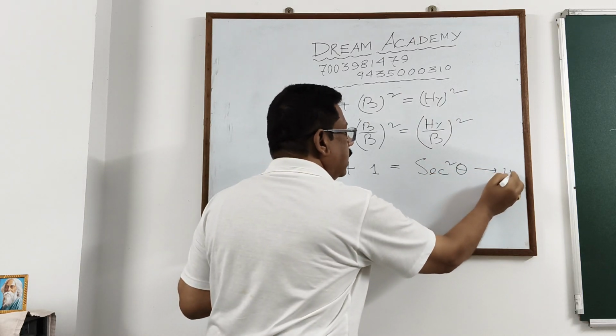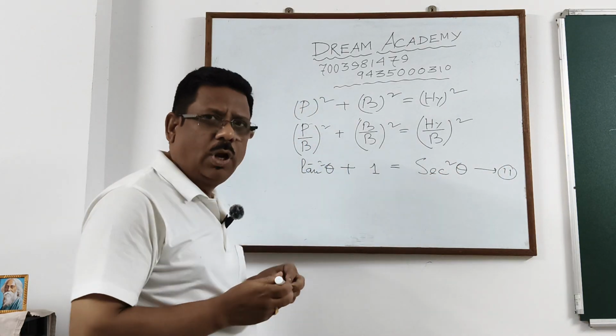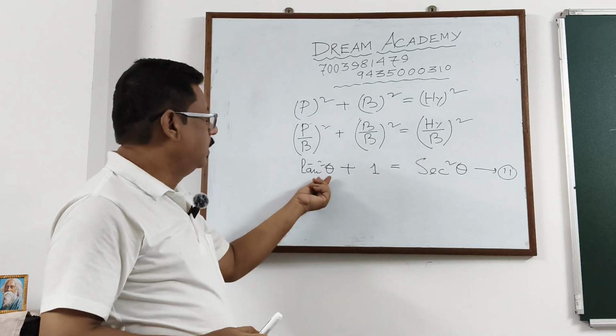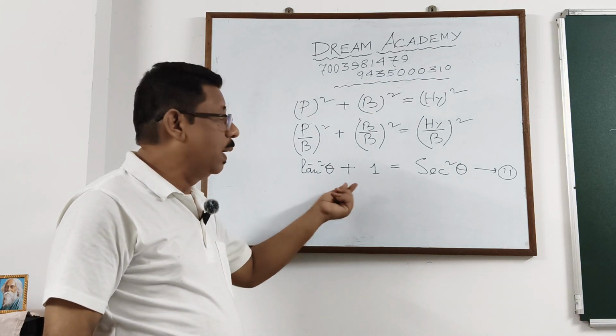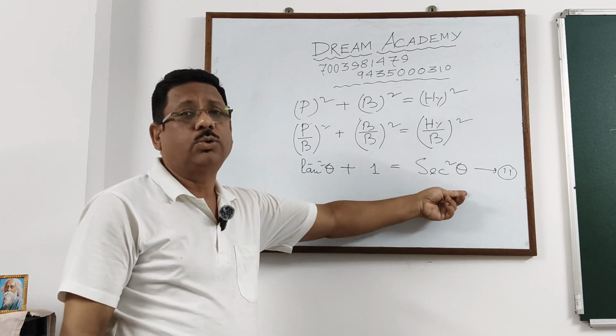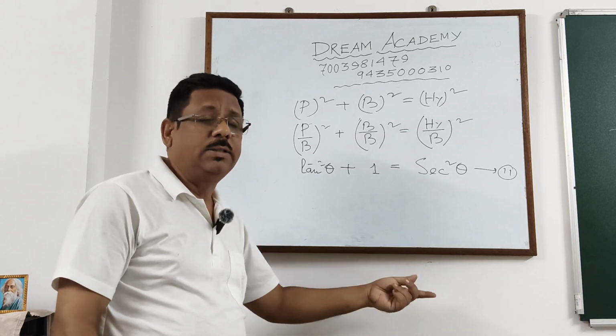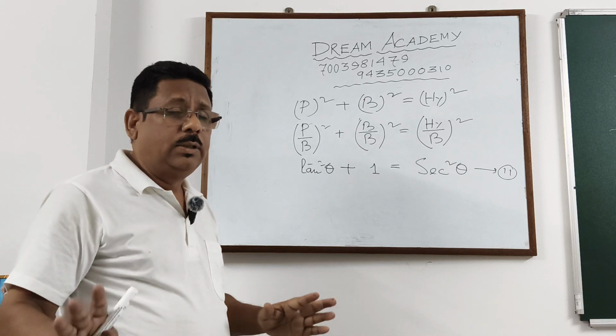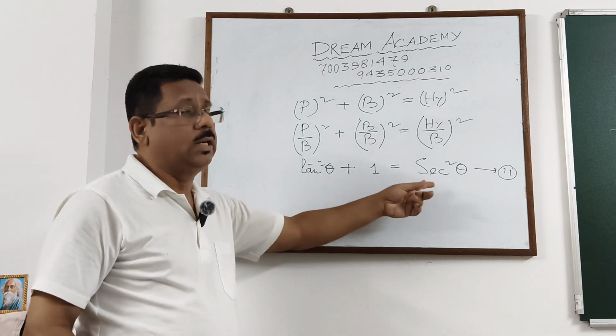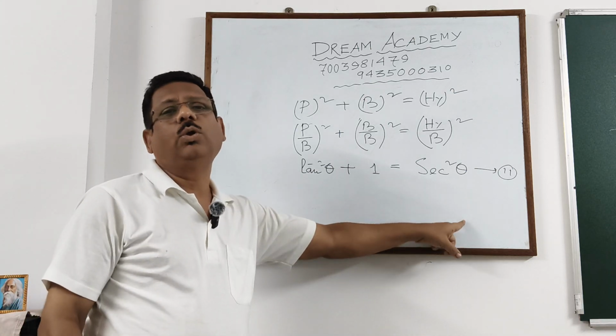This is the second identity. Is it not very easy? The second identity is tan square theta plus 1 equal to sec square theta. And it is very useful when we are proving trigonometric identities, that is, tan square theta minus sec square theta equal to 1.